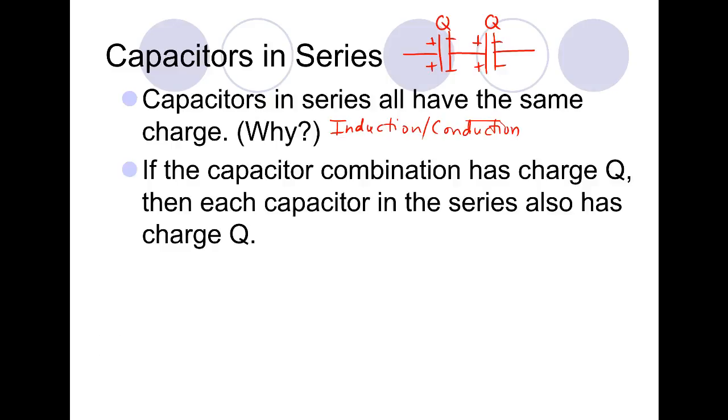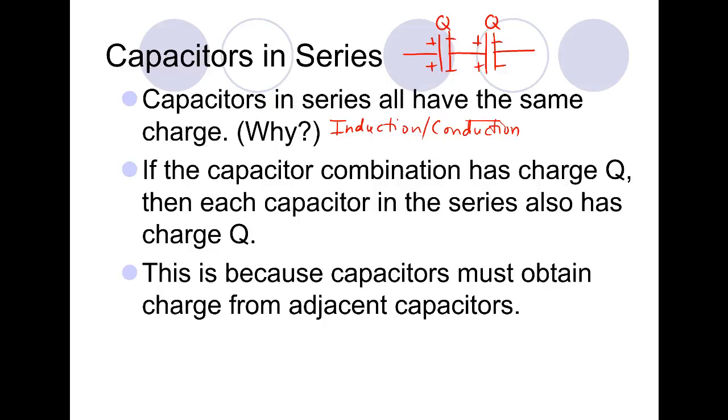If the combination has a charge of Q, then each capacitor in the series also has a charge of Q. This occurs because the capacitors must get their charge from adjacent capacitors. The charge just moves from one to the other, giving each capacitor the same charge.